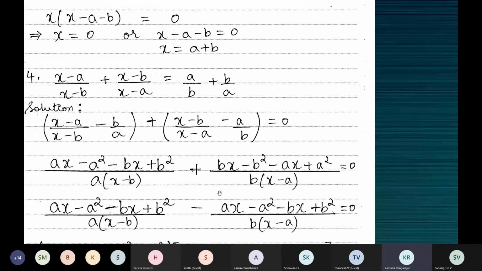Now you see that the numerators are the same. So take out the numerator common.